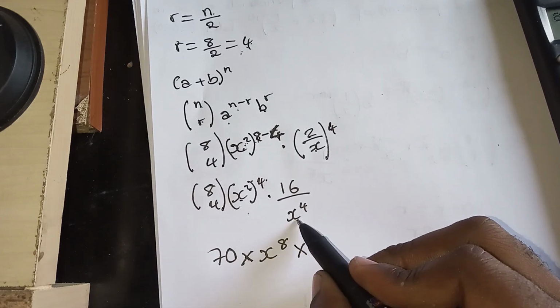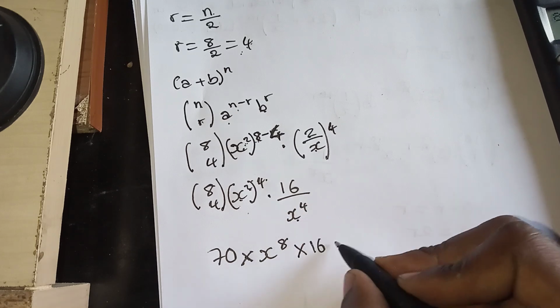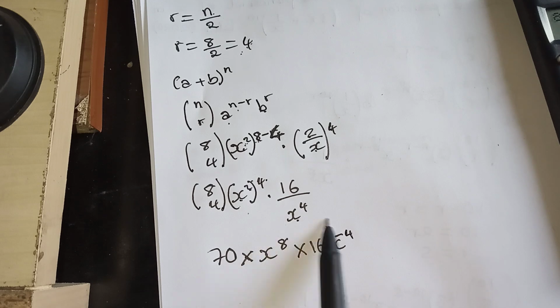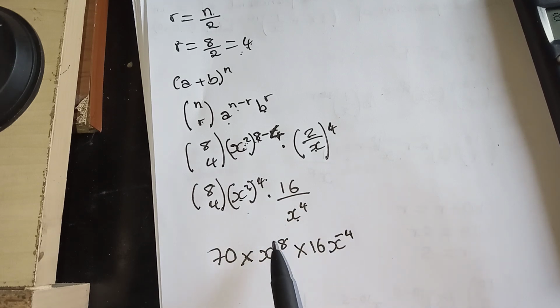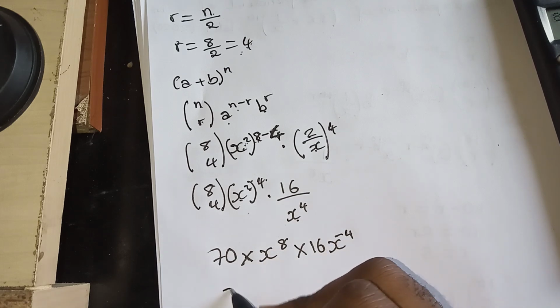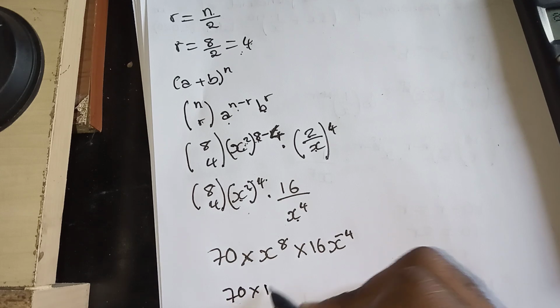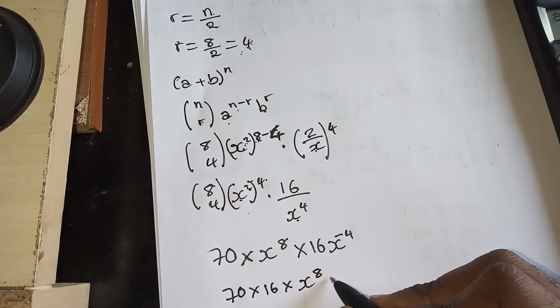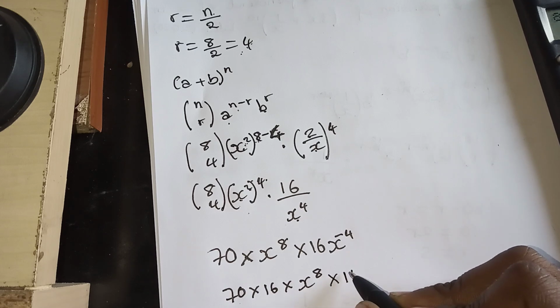I can write this 1 over x to the power 4 as x to the power negative 4, since it was a denominator there. And then using rules of indices, we know that when the bases are the same, let me just arrange the numbers nicely so that I can make my point clear.